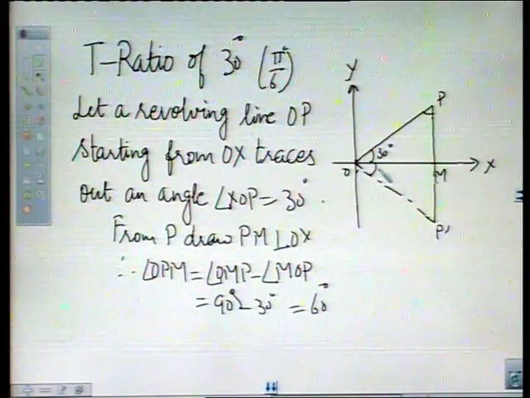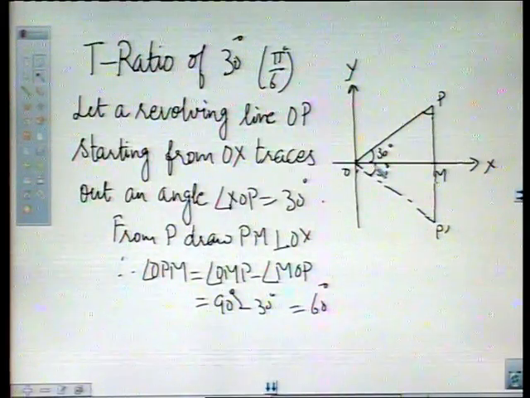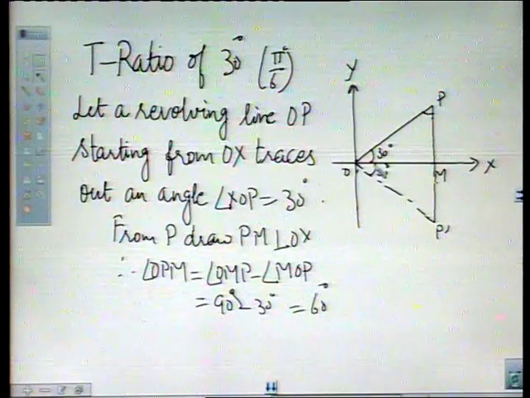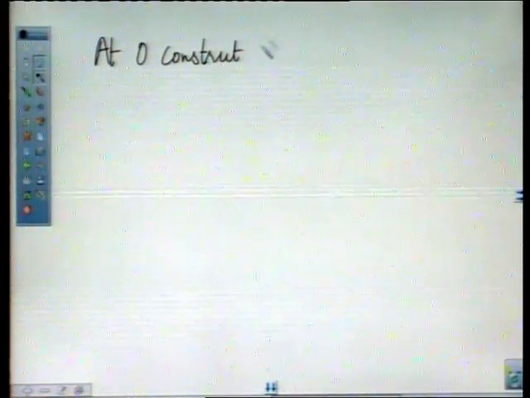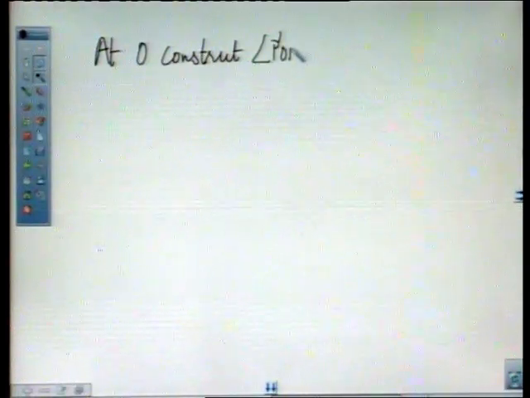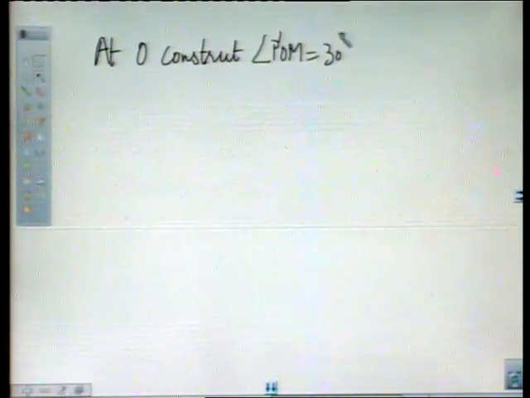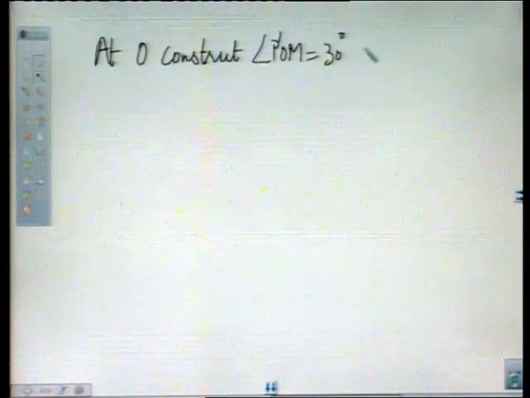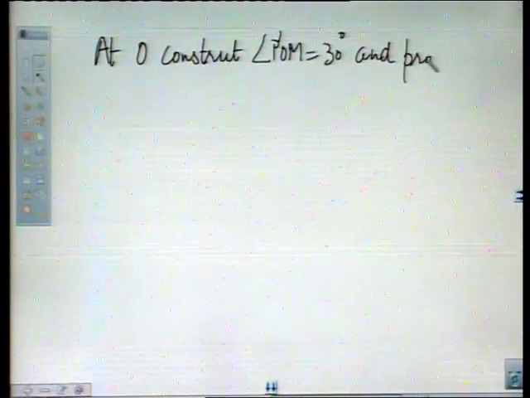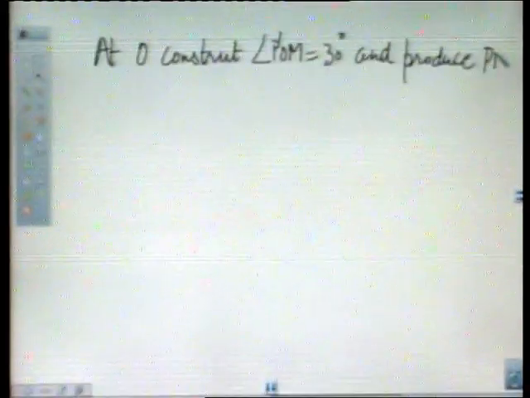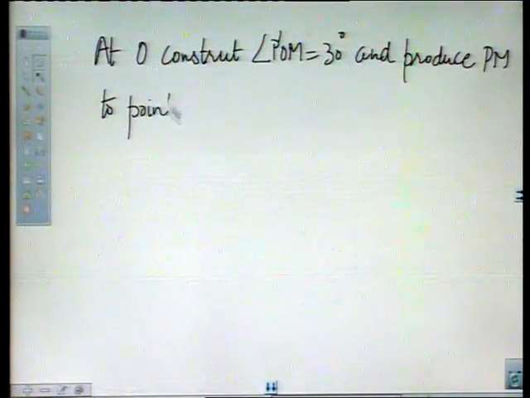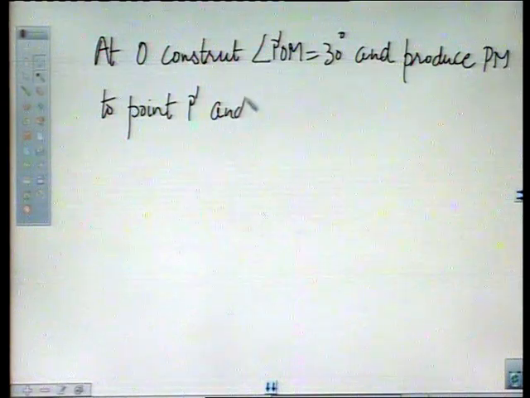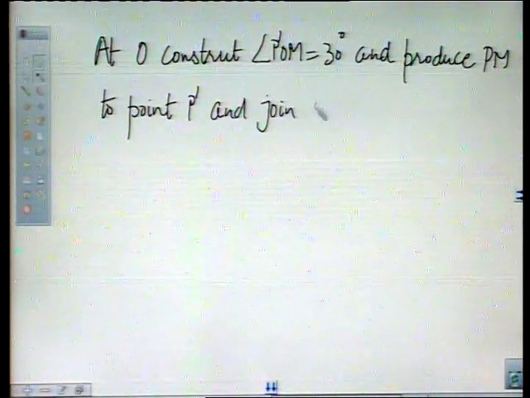At O, construct angle P dash OM equal to 30 degrees and produce PM to point P dash and join OP dash.